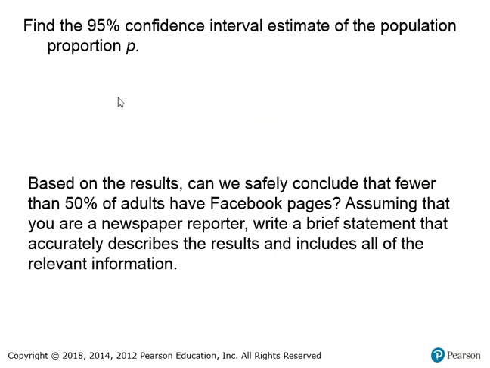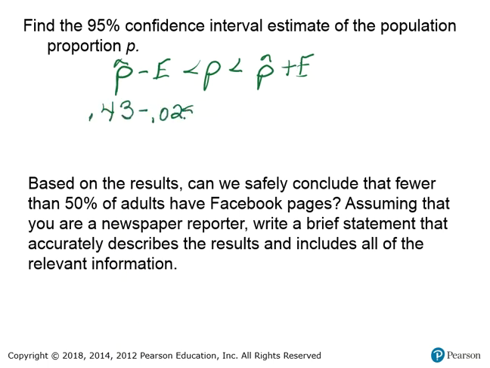Now I have to use that to find our actual confidence interval. So if you remember up above, we're going to do p hat minus the margin of error, and we're going to do p hat plus the margin of error. So the p hat in this scenario is 0.43. We're going to minus 0.025, and then we're going to go 0.43 plus 0.025.